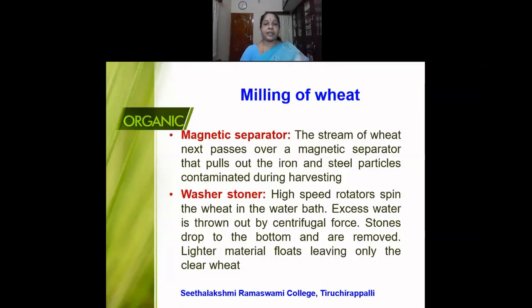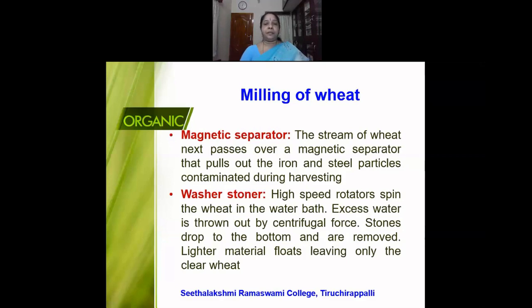Next, the wheat passes into the magnetic separator. The stream of wheat next passes over a magnetic separator that pulls out the iron or the steel particles contaminated during harvesting.